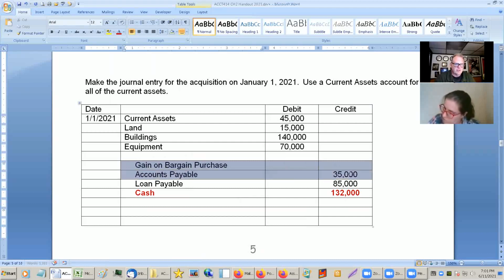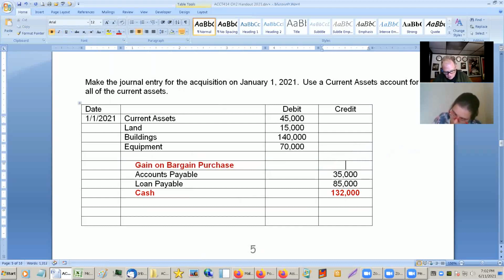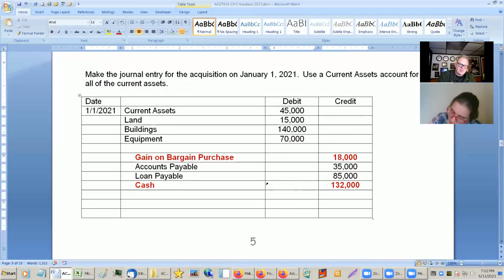Gain on bargain purchase. So this will show up on the income statement as income, or in the other revenues and expenses.